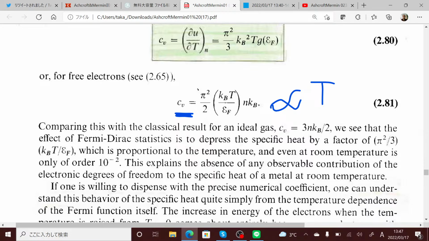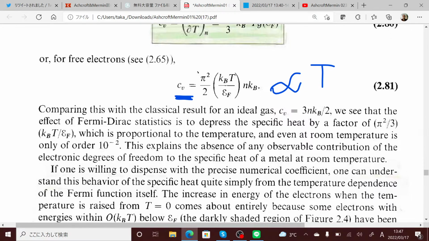Comparing this with the classical result for an ideal gas, CV equal to 3 n kB over 2, we see that the effect of Fermi-Dirac statistics is to depress the specific heat by a factor of pi squared over 3 times kBT over epsilon F, which is proportional to the temperature, and even at room temperature is only of order 10 to the minus 2.